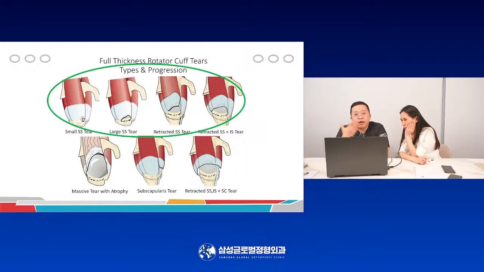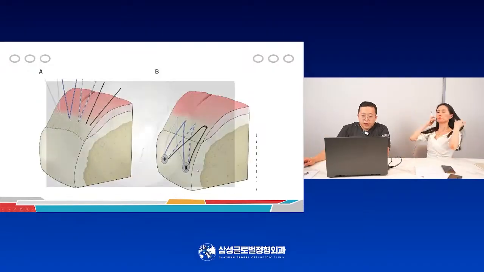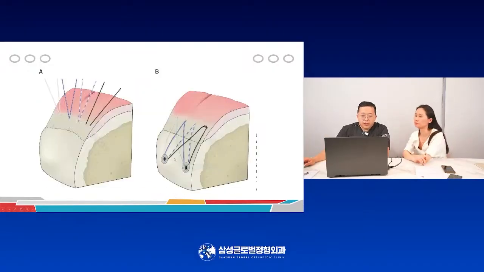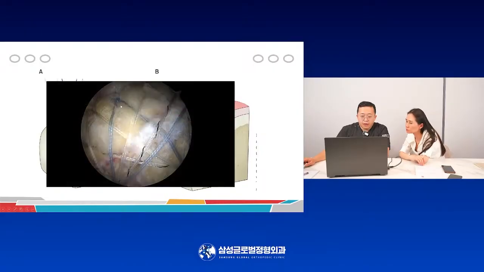Accuracy of the diagnosis is the most important. Okay. Yes. So as we see, after the cuff tear, we can fix it like that. It looks very firm, right? So we don't worry about dysfunction of the cuff anymore after surgery.